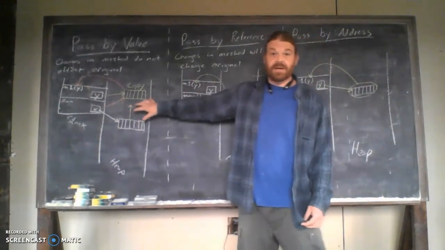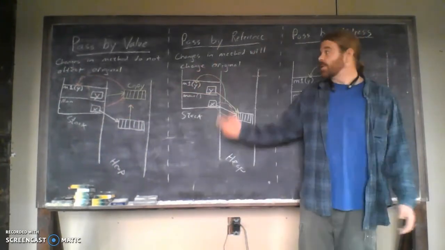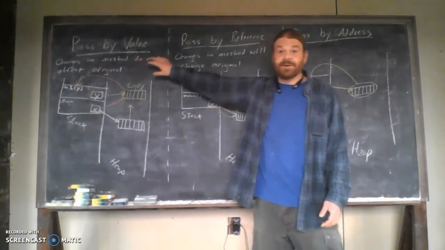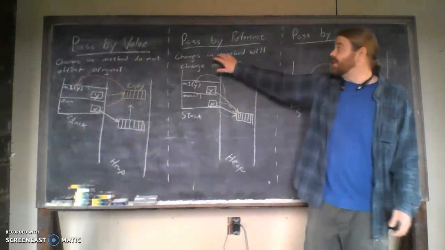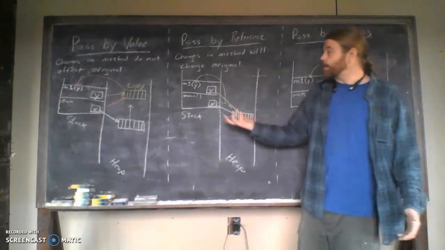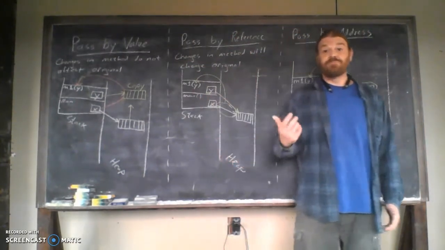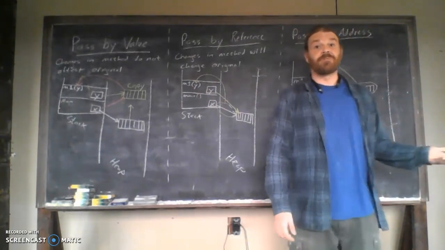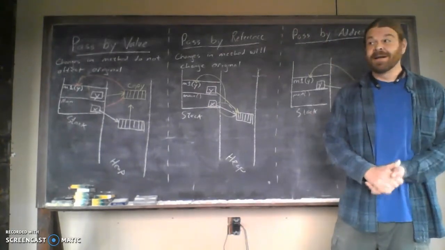The people who develop Python and Java, the prime examples of Python's only pass by value and Java's only pass by reference, both have really excellent garbage collection. It does all that cleanup in the background for us. That's why we don't have to worry about it, right?